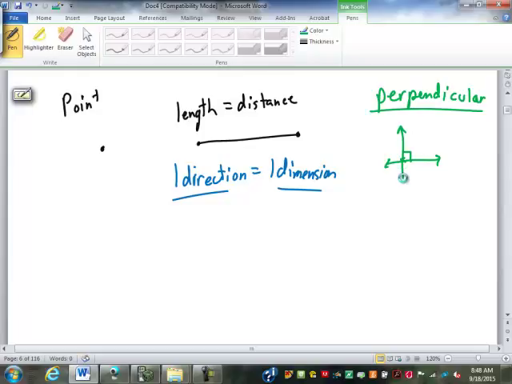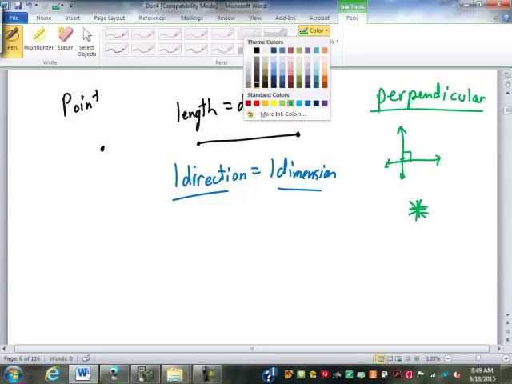But in 3 dimensions, let's say there was a line coming out of the page here. That line could form a right angle but not be perpendicular. To be perpendicular, it'd have to form a right angle in every direction between the line and the page. That's perpendicular. It's a right angle in every possible measurable direction.